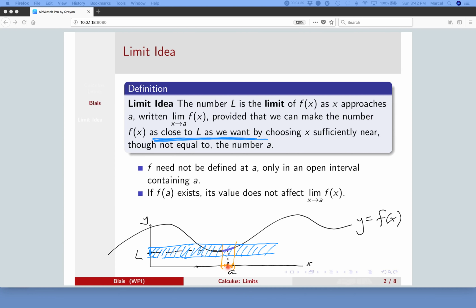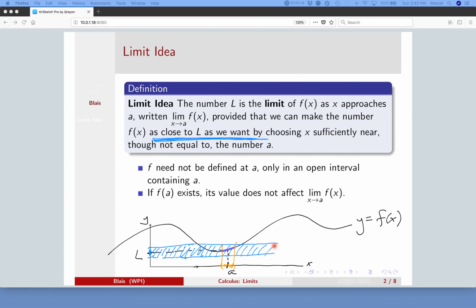We don't care about this midpoint, we don't care about a. If we choose anything else in this open interval, then the function values, f of x, are actually within that blue band. They're as close to L as we had specified.